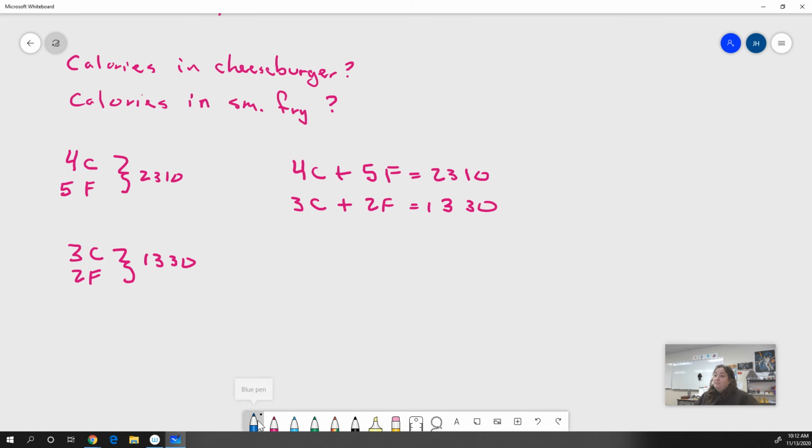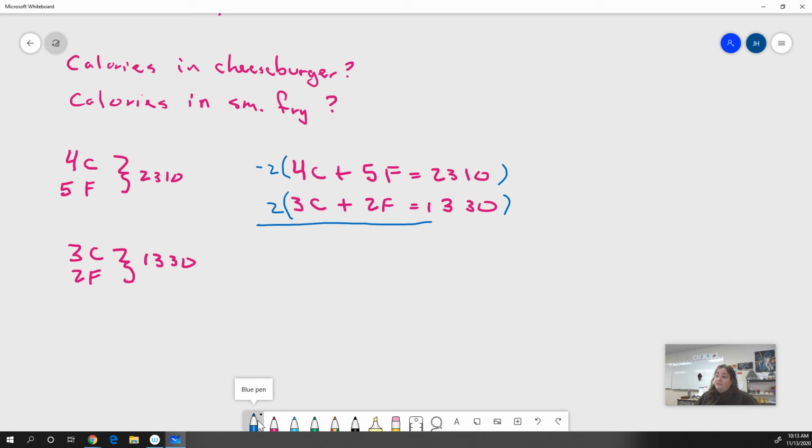So what I'm going to do is turn this into a 10 by multiplying this equation by -2, and I am going to turn this into a -10. Well, I turned that one into a -10, so I'm just going to multiply this one times 2. Doesn't matter, right?